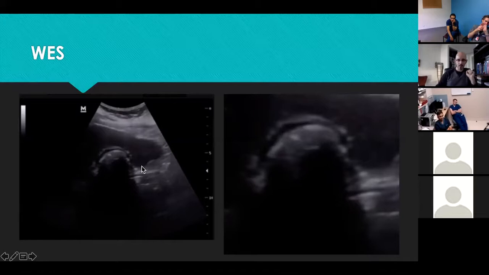which is called porcelain gallbladder. The difference that can help us differentiate between all of these situations is a thing called WES, wall echo shadow phenomenon. And that is this wall echo, that black area, and then shadow afterwards.